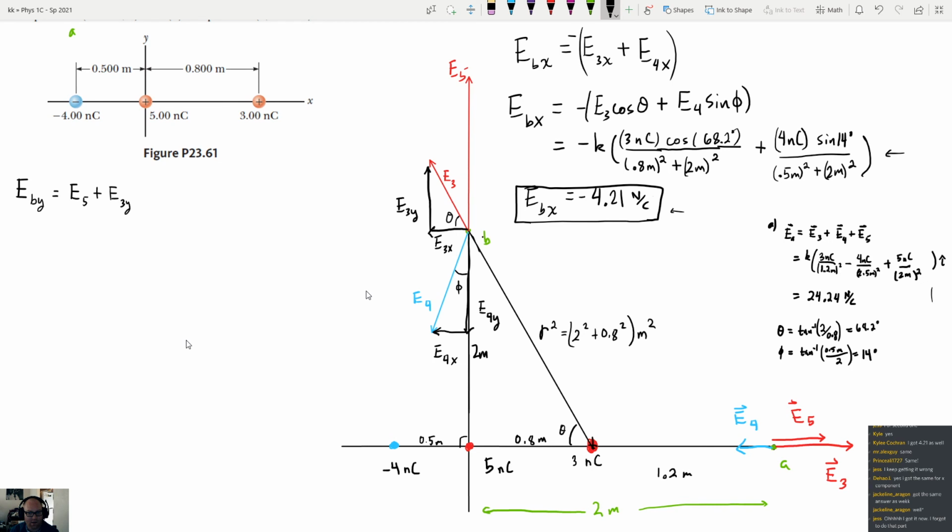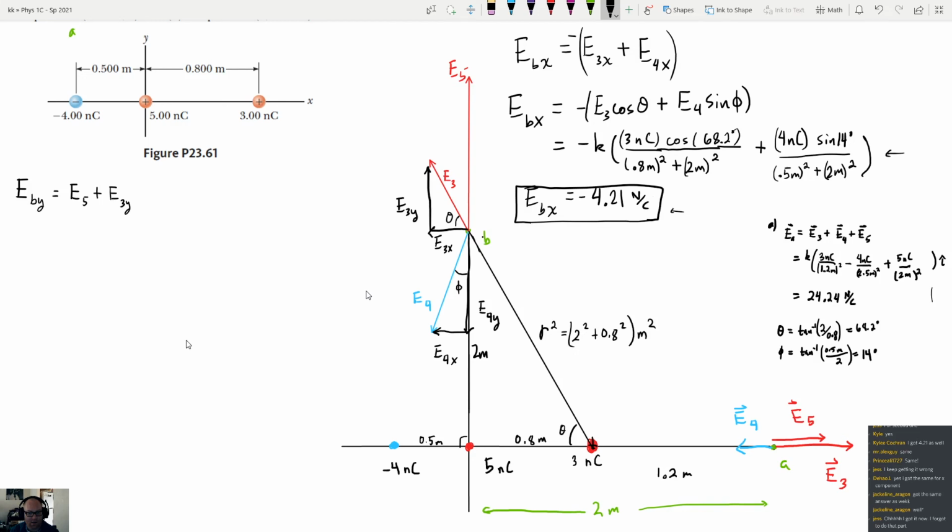I hate what it does to these 4s here. Now, what those are going to be, we'll just write one more line here. We'll have E5 plus E3. For the y component of this, that's this one. It's opposite the theta side, so times sine theta. And then minus E4y.